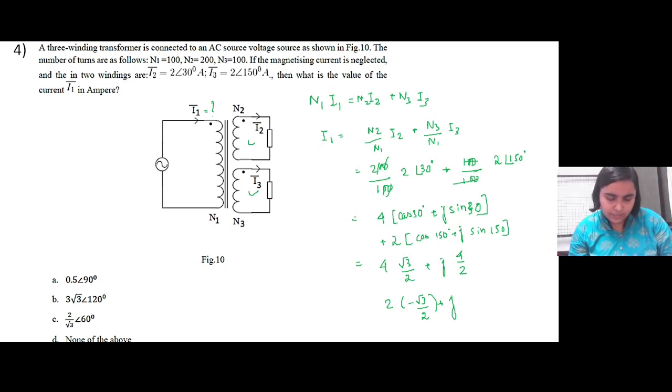Sin 150 is half. So this will be 2 root 3 by 2, and 4 by 2 is 2 plus 0.5.